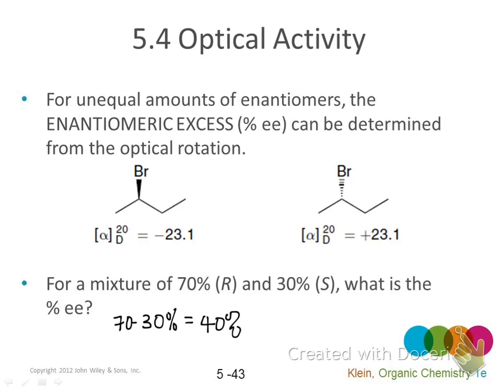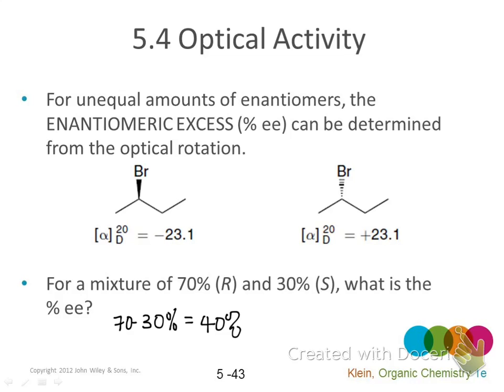Okay, now, let's think about this, and then I'm going to show you the equation. You could actually, from this, calculate how far the light is going to rotate, just by the amount of excess. Think about it like this. 70% wants to turn it counterclockwise. 30% wants to turn it clockwise, right?